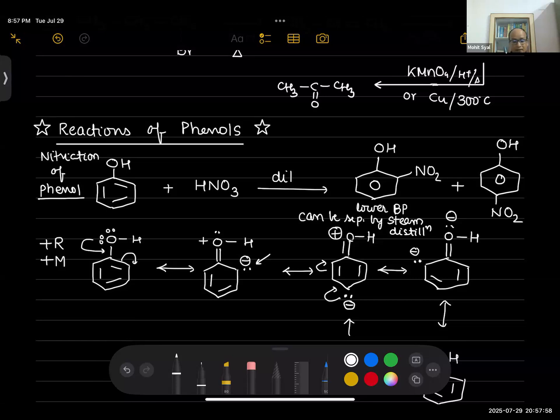So it can be separated by steam distillation. I hope this is clear to all of you.